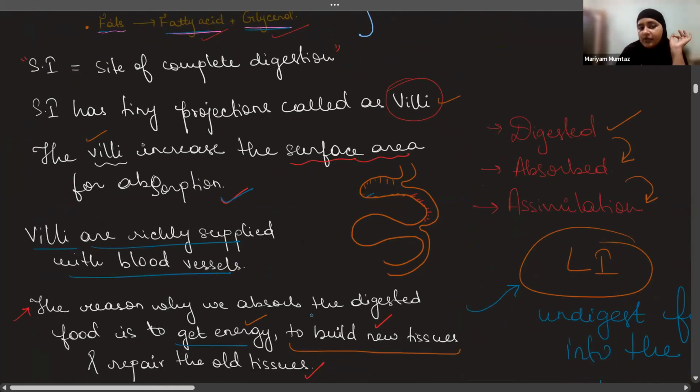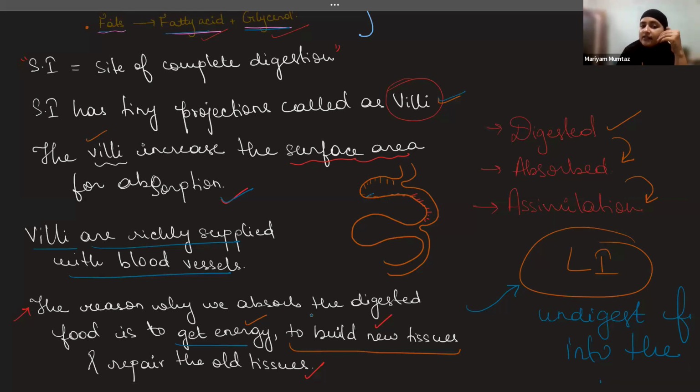Apart from this, the whole small intestine has tiny finger-like projections that are known as villi. These villi increase the surface area for absorption. After the food has been digested, it has to be absorbed. So these villi are there for the absorption process, and they are richly supplied with blood vessels. Why?